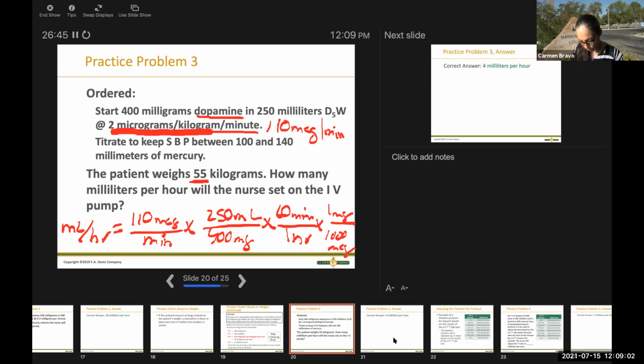So I have to multiply all of this. 110 times 250 times 60 times 1, and then divided by the 40,000 in the bottom. When I do that and cancel out my zeros, I know the answer is going to be really small.